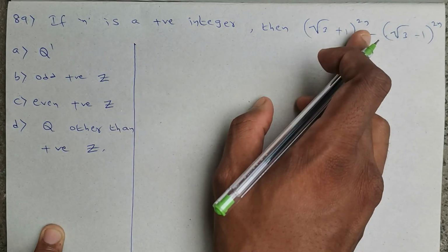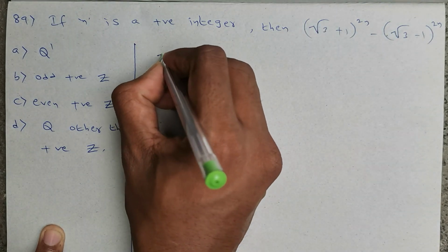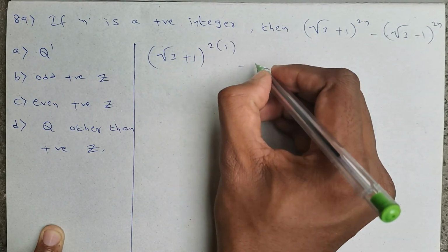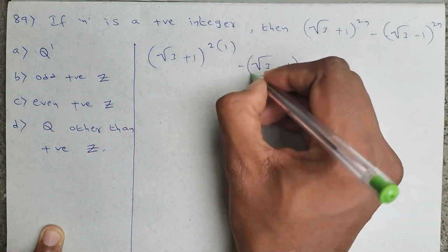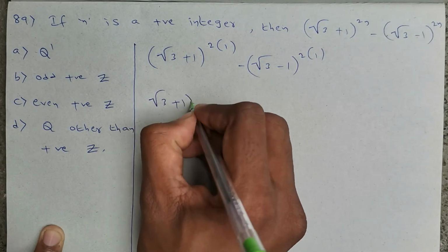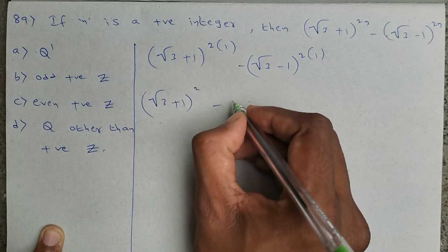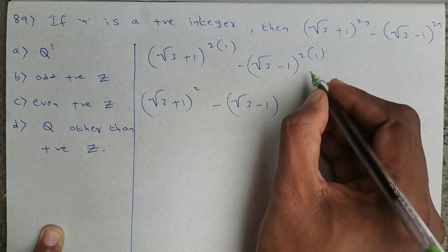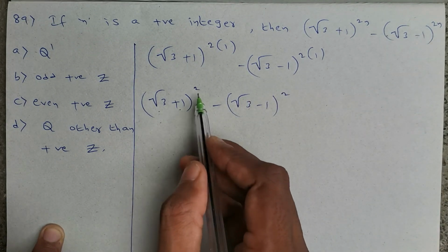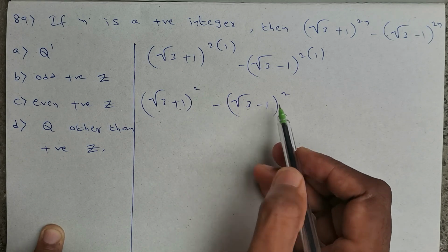So in place of n, I will substitute 1. We get (root 3 plus 1) whole power 2 into 1 minus (root 3 minus 1) whole power 2 into 1. So we get (root 3 plus 1) whole power 2 minus (root 3 minus 1) whole power 2. This is the a plus b whole square formula, and this is the a minus b whole square formula.